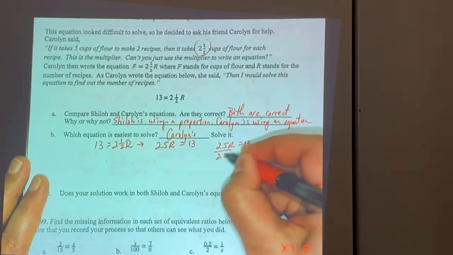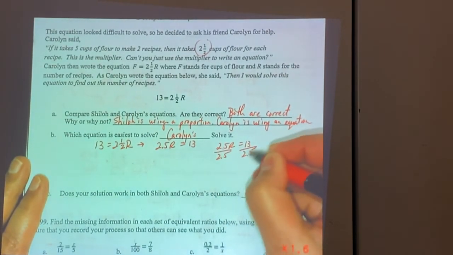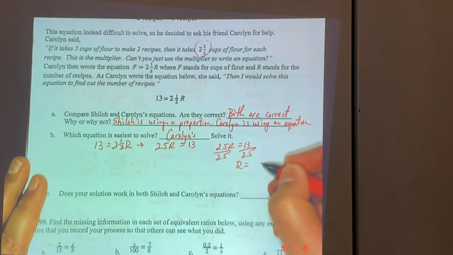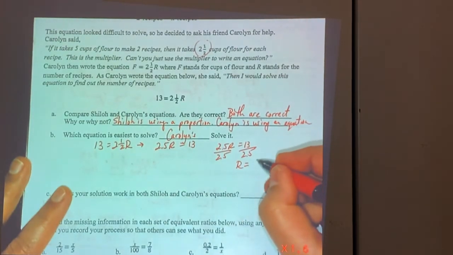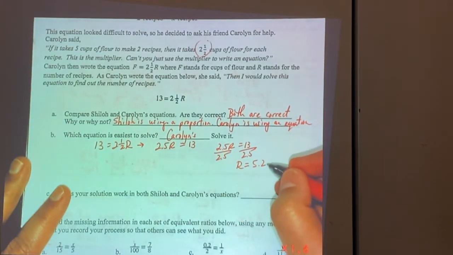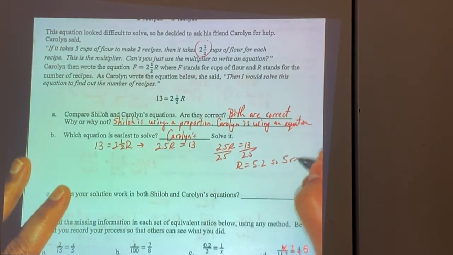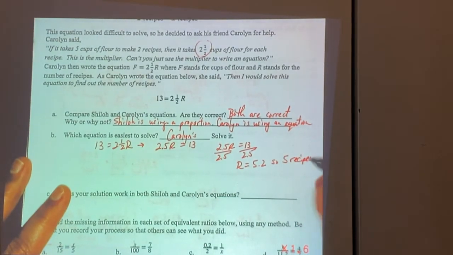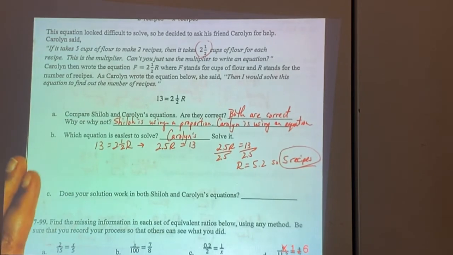Divide both sides by 2.5. R is going to equal 5.2. But you can't do 0.2 of a recipe. So we're going to say 5 recipes or batches. There's my final answer.